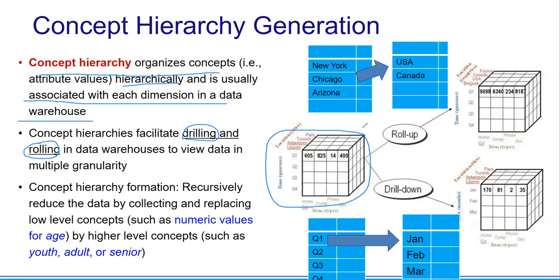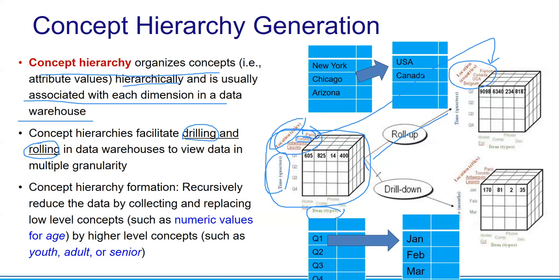This cube contains time, item, and location. So I have the location as the city, and I can roll up the city into countries. For example, I have the city Paris, the city Toronto. For Paris, maybe there are some other cities in this data, and I can roll up into a country which is France.